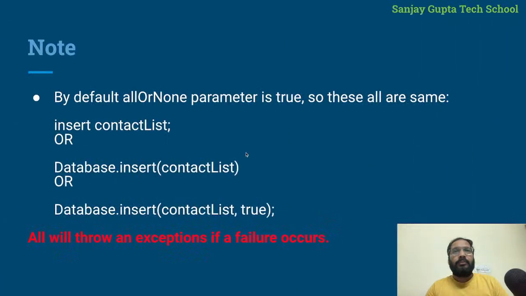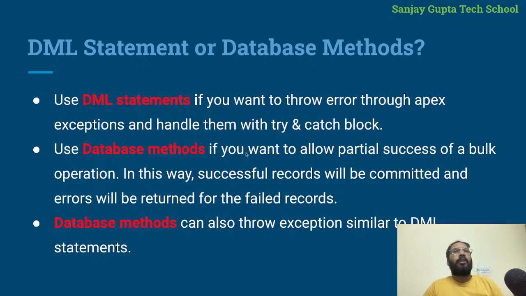Now if I move forward, here you can see we have the DML statement and database method comparison. This is important to understand. It is written here: use DML statements if you want to throw errors through Apex exceptions and handle them with try and catch. Use database methods if you want to allow partial success of a bulk operation.